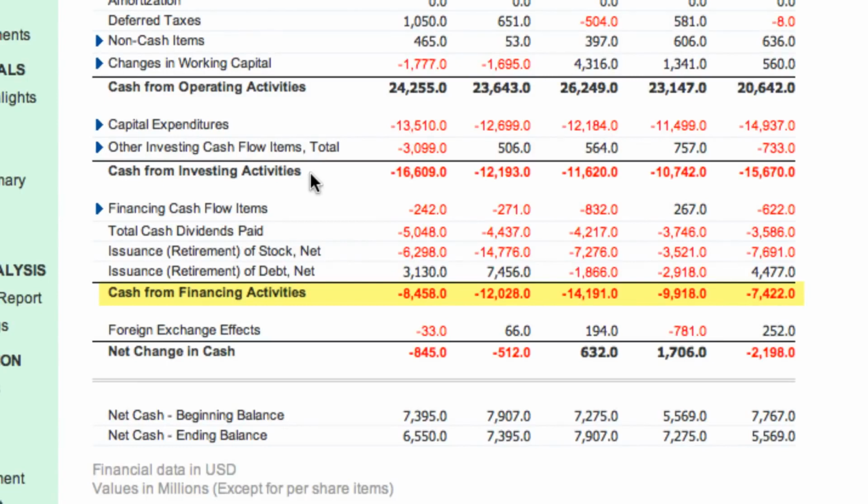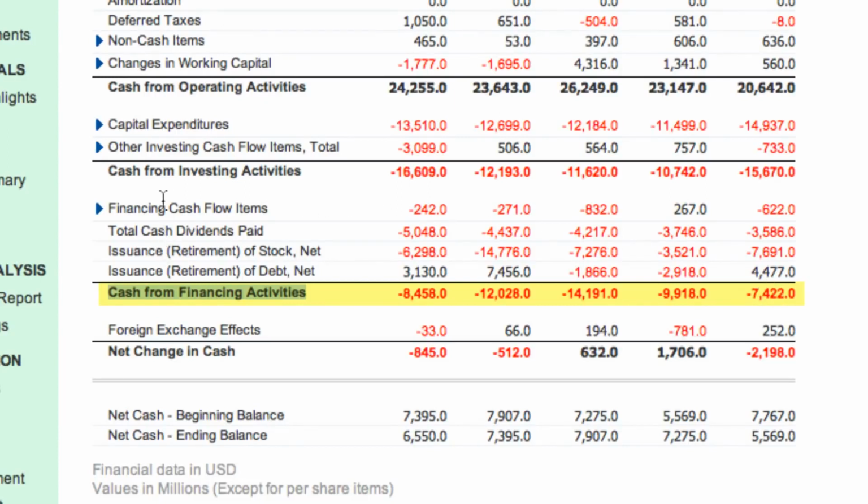Okay, so the last line is their financing activities. Let's look at what Walmart was doing in the finance department here. When we go down here, you can see where it says cash from financing activities. Let's look at the 2008 number. Walmart was paying off $7.4 billion. So let's see how they were doing that.